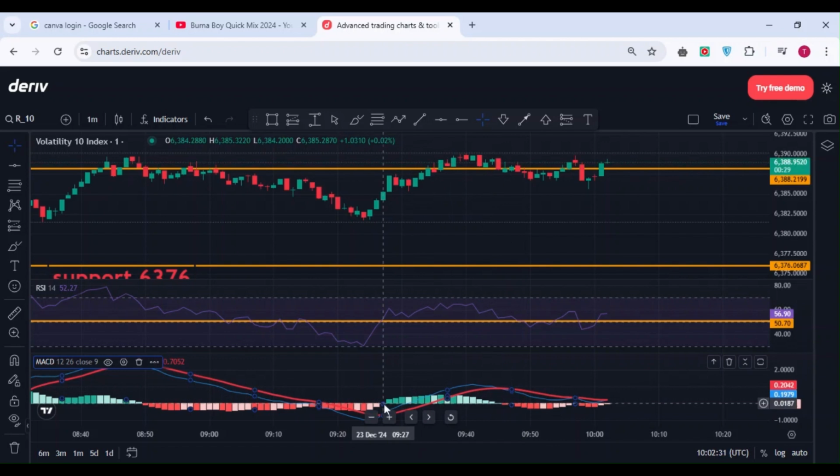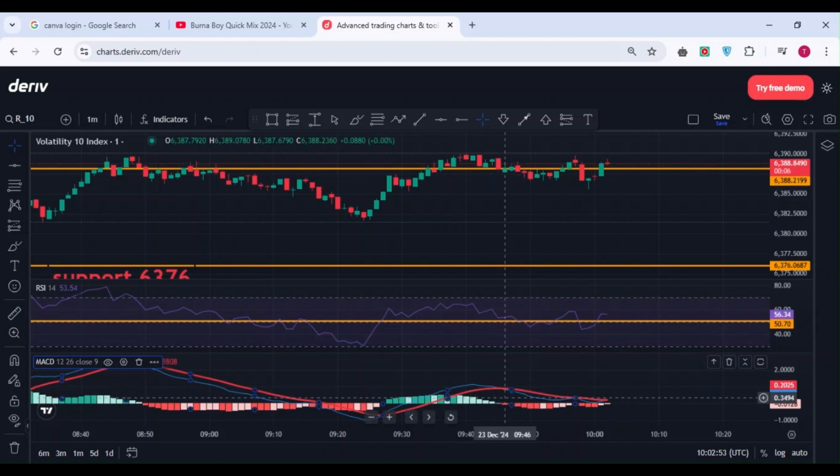When I talk about the MACD, which is the blue color, crossing above the signal line, which is red in color, it usually indicates a bullish movement. And the opposite is when the signal line crosses above the MACD line, it shows a bearish movement.